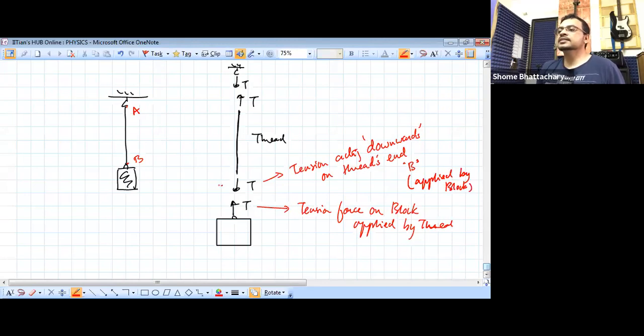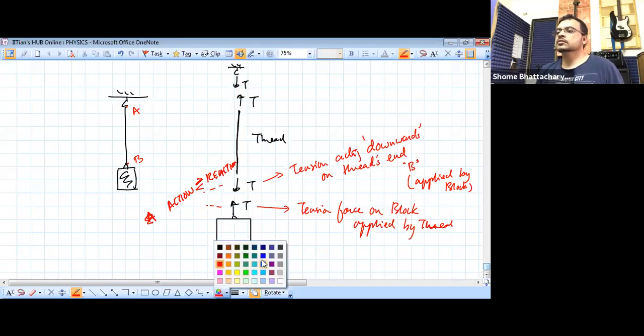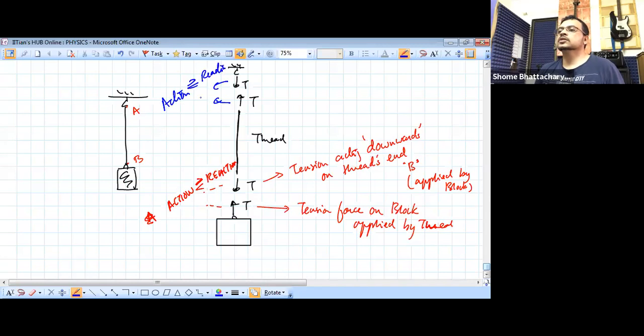So these two are an action reaction pair. Similarly, above here, these two, they are an action reaction pair. Okay, they are the interaction between the hook and the string itself.